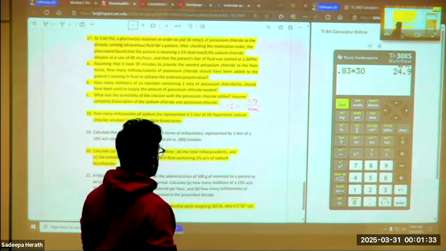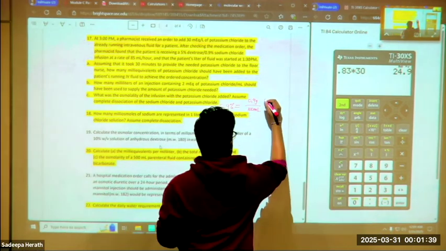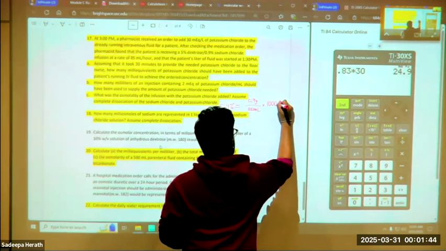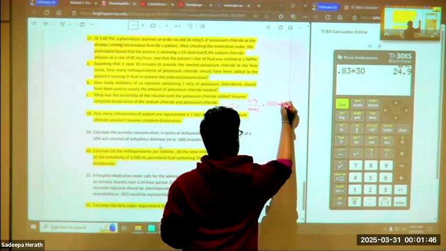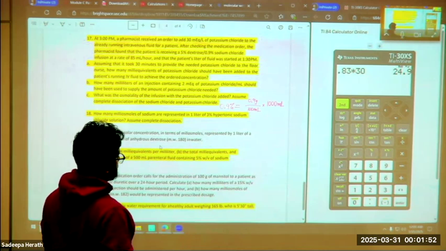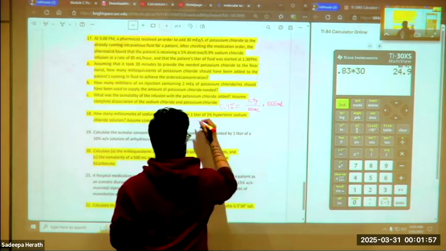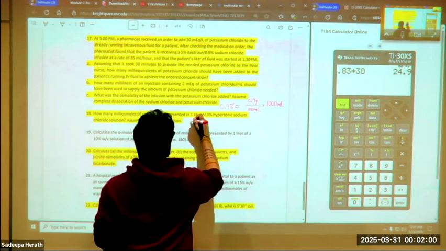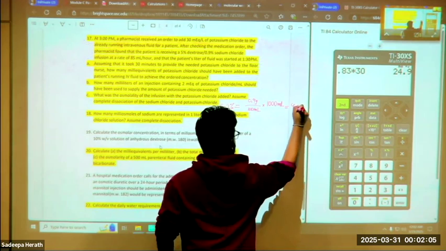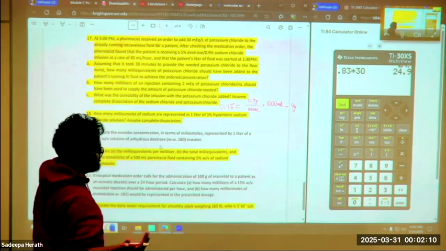And then in a liter solution, we can multiply that out, times 1,000 ml, and that way we get grams. So we multiply this out. That's 9 grams of sodium chloride. And then from 9 grams, we can calculate milliosmoles.